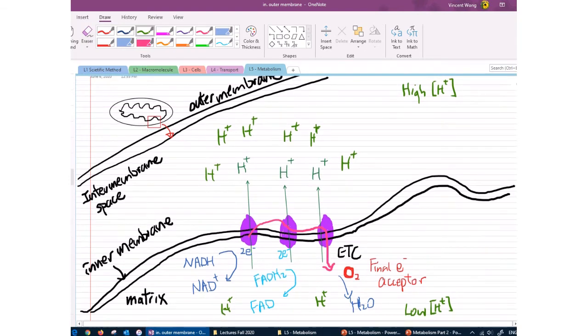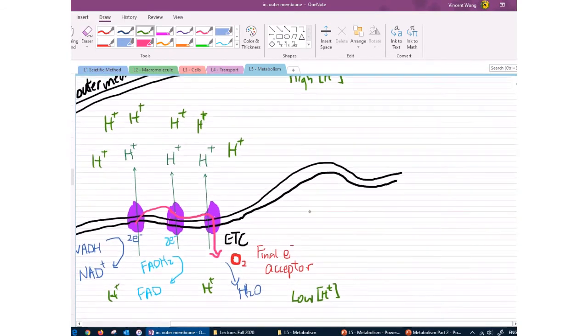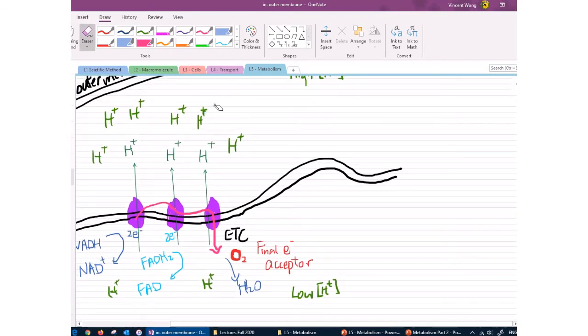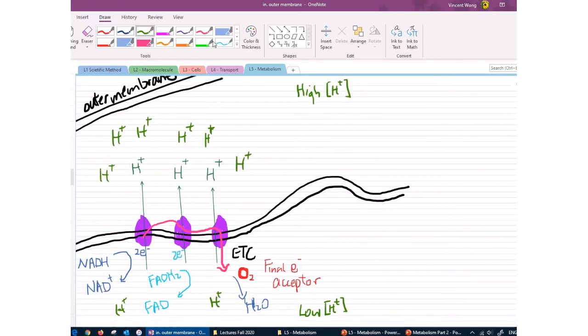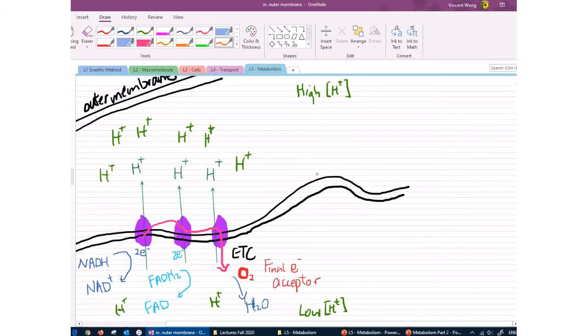So what's going to happen is the H+ really want to come back in, and the only way they could go back into the matrix is through a special protein. The special protein is not really part of the ETC, but it's going to be nearby, close to the ETC. So there is that special membrane protein.